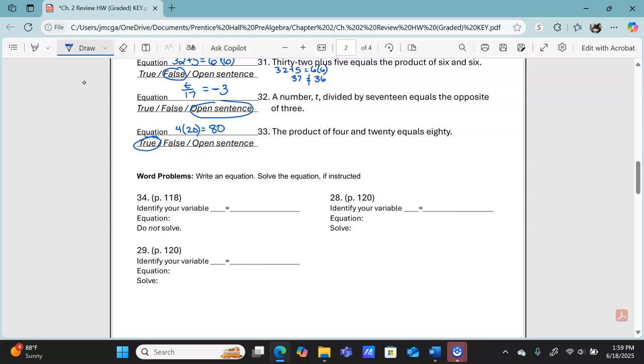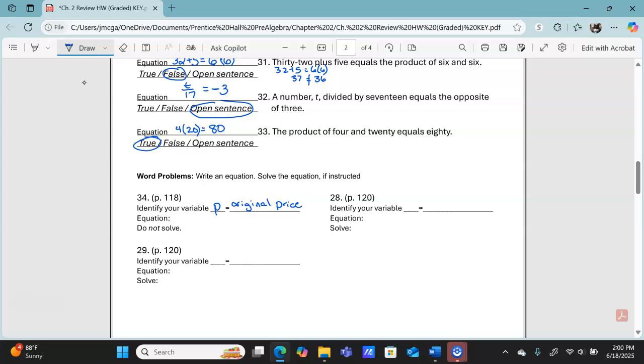And then once we hit 34 and then 28 and 29, you need your textbook for these. So 34, it says the admissions price of an art museum increased by $1.75 to $6.50. Let P equal the original admission price. Write an equation for the model. So they actually already identified the variable for you, the original price.